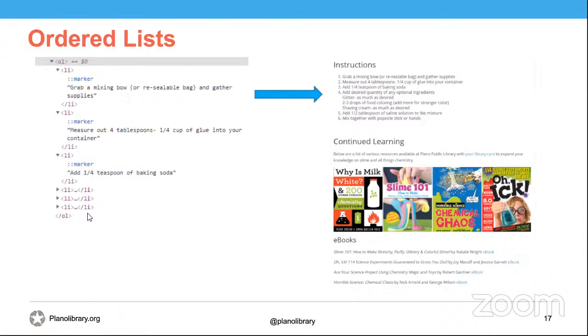Again, there's a lot of information here, but what I would like to draw your attention to is the opening and closing tags for the ordered list, as well as the opening and closing tags right here for the specific list items. So grab a mixing bowl and gather supplies. That's one list item, and that actually turns out to be the first instruction.